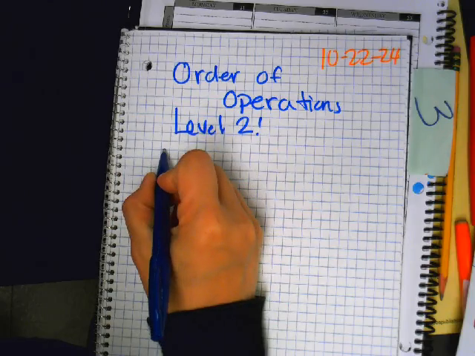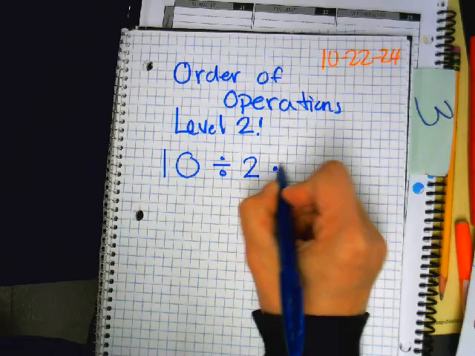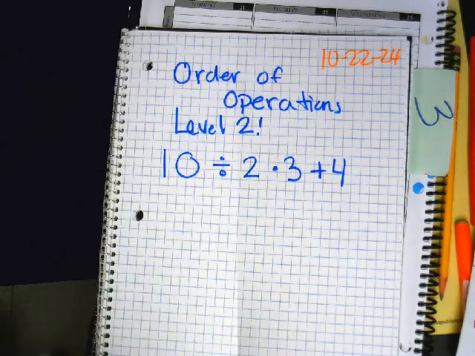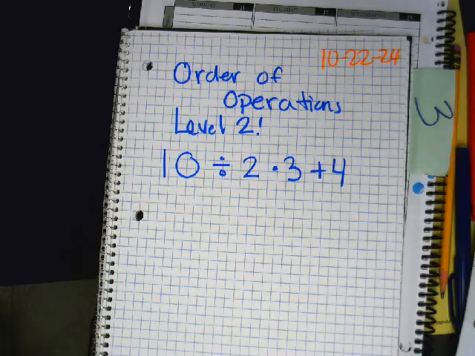So let's start with 10 divided by 2 times 3 plus 4. You circle the division. What is the only thing I do not circle? Addition. Very good.